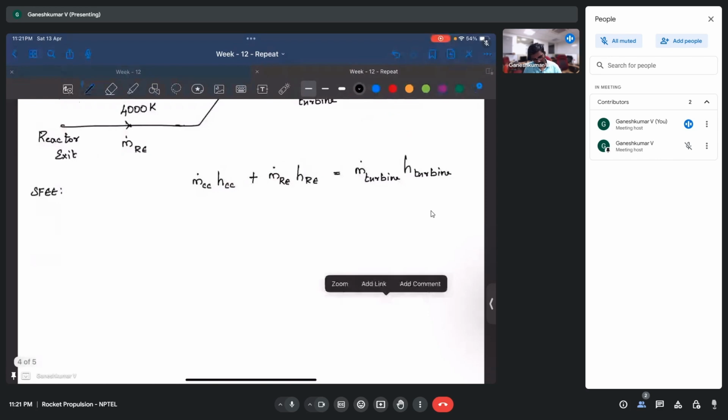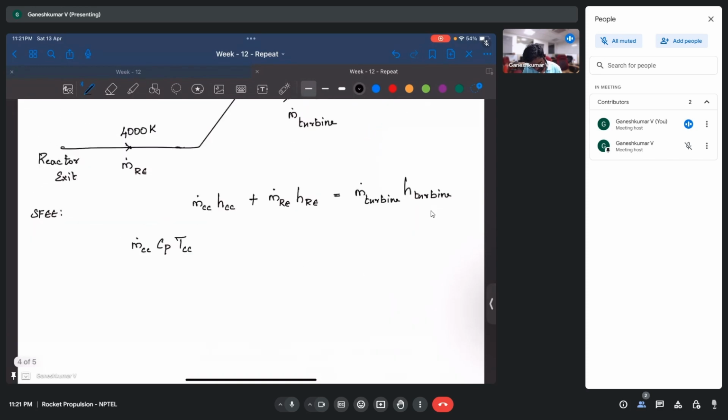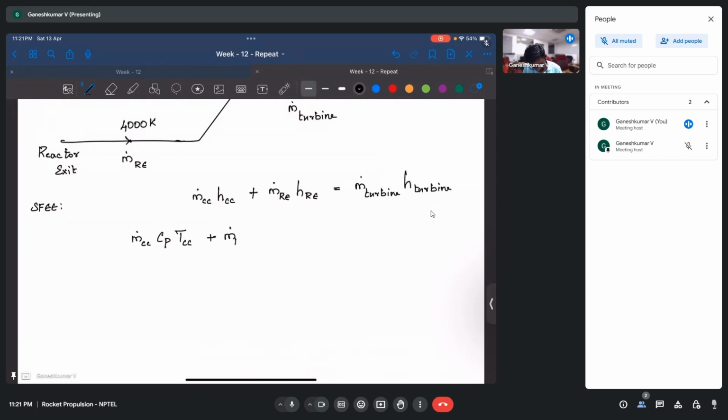Okay, now we know h, we can write it as cp into T. So let's write that down also. m cc is equal to cp into T cc, T cc is nothing but 400 Kelvin, plus m dot re into cp into T re, which is nothing but 4000 Kelvin, which is equal to m dot turbine cp into T of turbine inlet, h turbine inlet, which is T in, that's what we refer to it as.